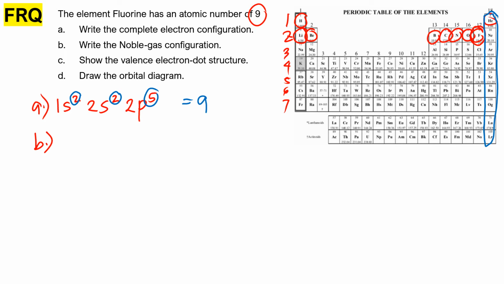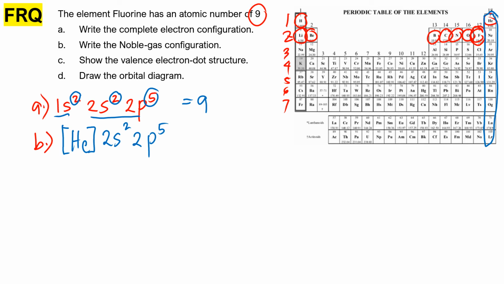This is the noble gas configuration of helium. So instead of writing 1s2, we will just write square bracket helium, and then simply copy the second energy level, which is 2s2 2p5. And that is our answer for letter B.